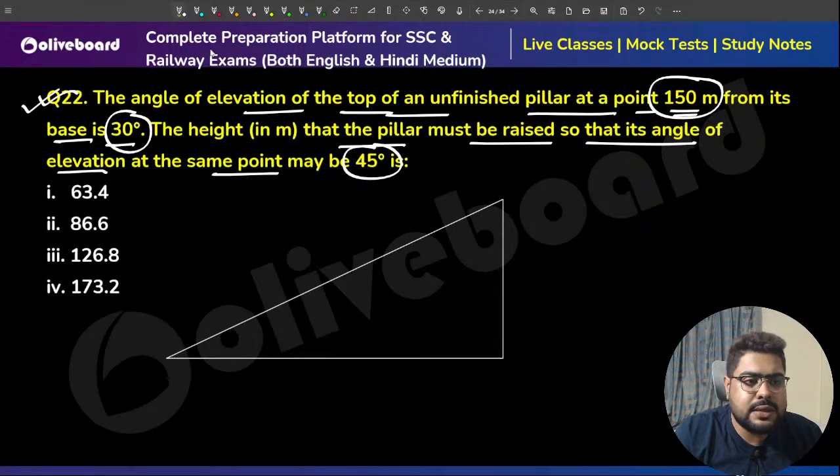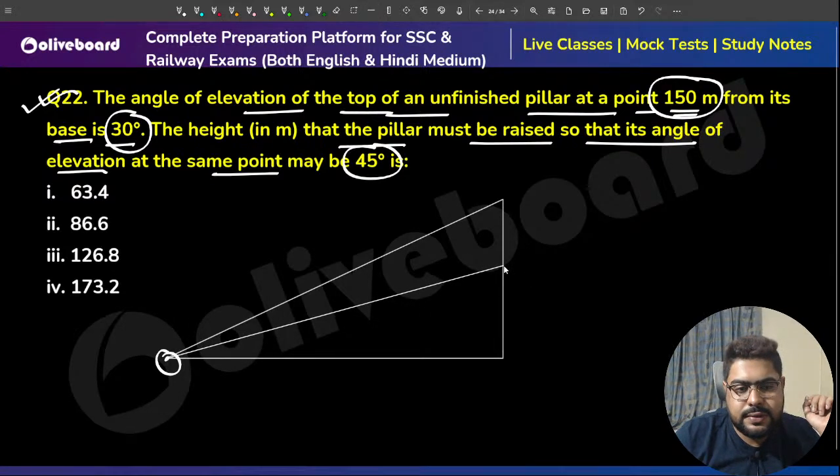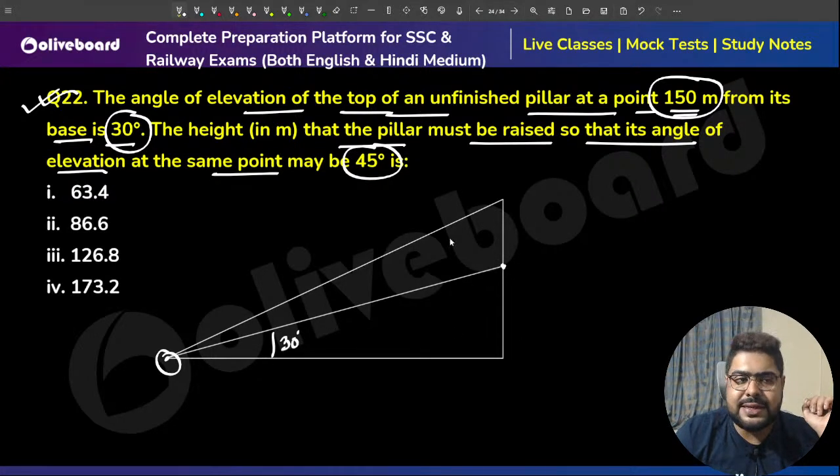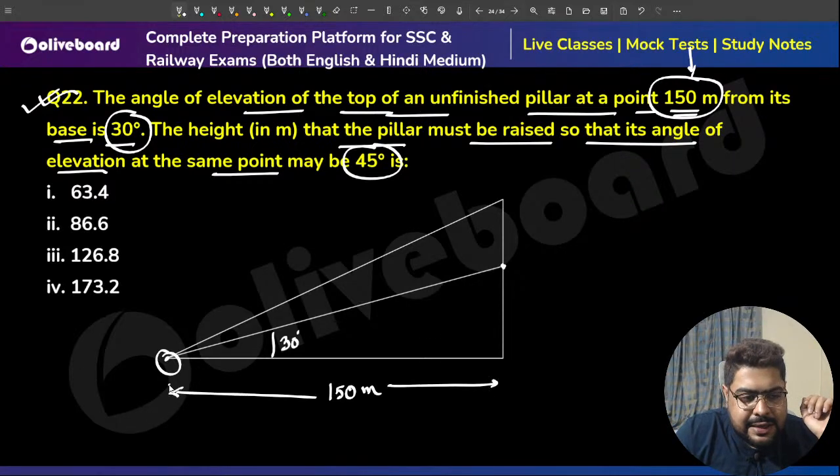Let's make the diagram like this. This is the unfinished pillar. The angle of elevation is 30 degrees, 150 meters from its base, so this distance is 150 meters.